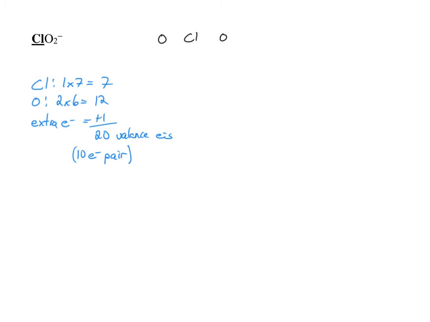Here we have the chlorite ion. We count up our valence electrons. We see we have a total of 20 valence electrons, 10 electron pairs. We hook up the outside atoms in our skeletal structure, complete the octet of our outside atoms, and we see we've used 8 out of our 10 electron pairs. The remaining 2 can go on the center atom.